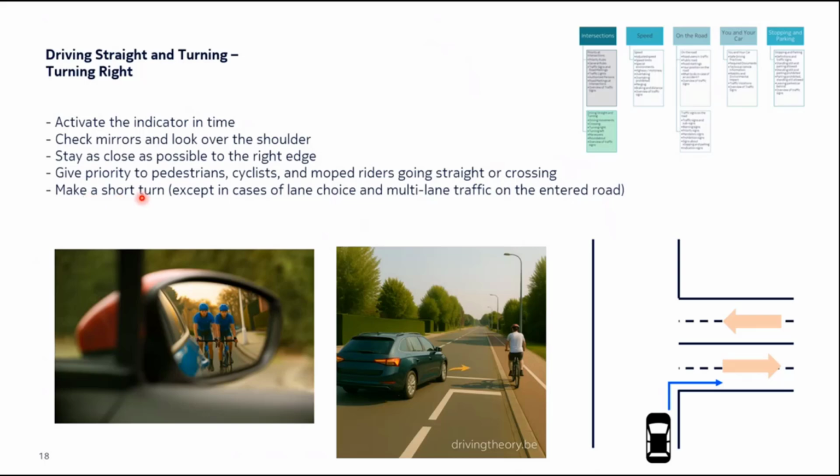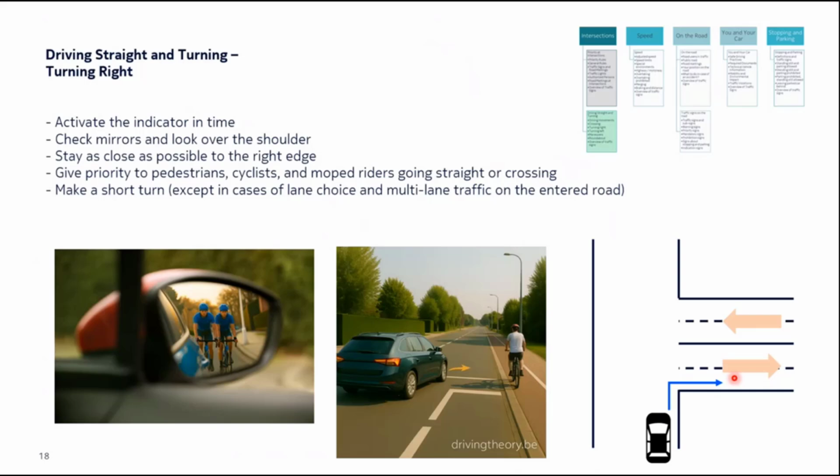So when you make a right turn, your right turn should be very short, except in cases of lane choice and multi-lane traffic on the entered road. So here is an example. This car is trying to turn right, and the turn should definitely be short. So as you can see, it should be short because it should enter the rightmost lane.